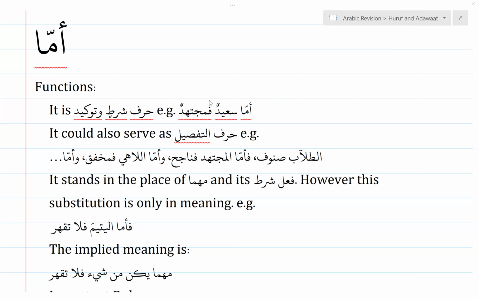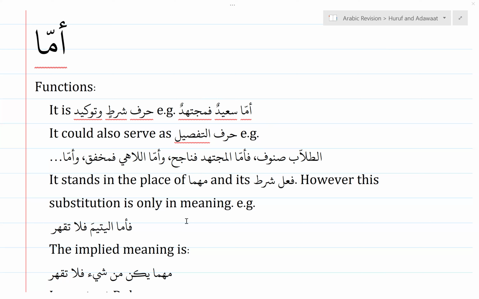It's called فاء الرابطة, or also فاء الجزاء. Yeah, so this is the fa that is called فاء الجزاء or فاء الرابطة. And basically it just connects the jawab part to the shart part. All right.